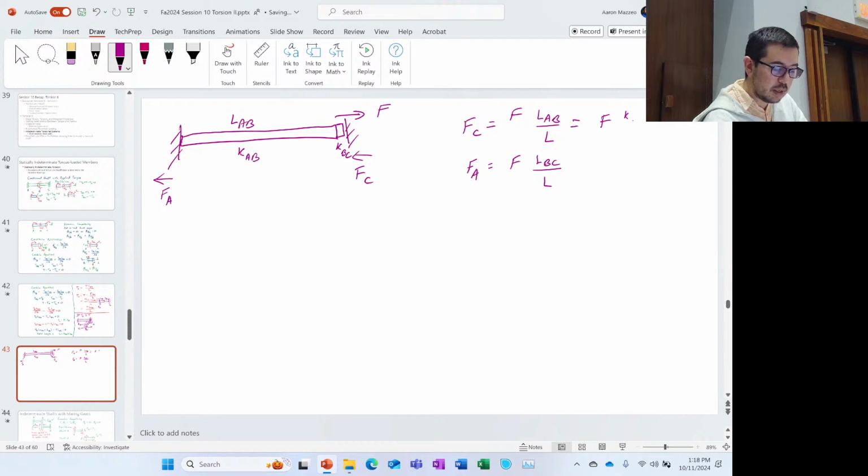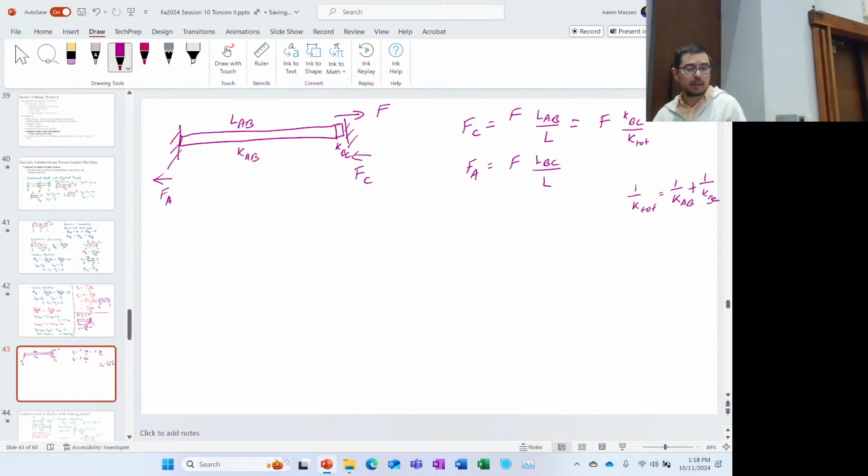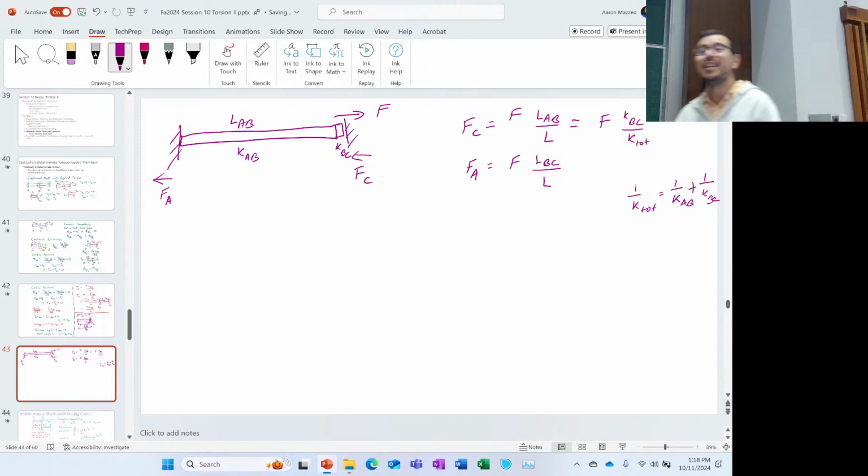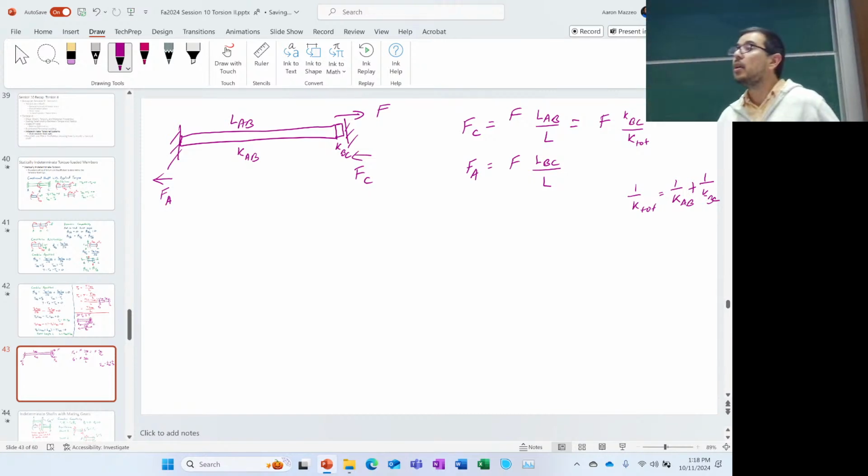Yeah, this is KBC over K total, times, just like that. And K total would be, I just did this on the fly. I think that's right, and actually it's on the exam. So that's how you can think of these systems.